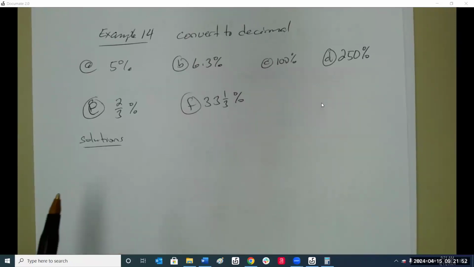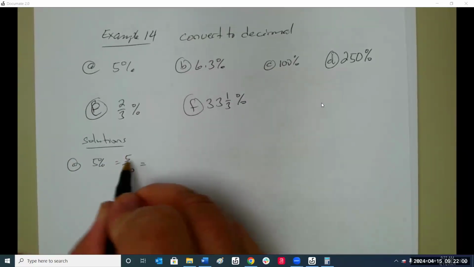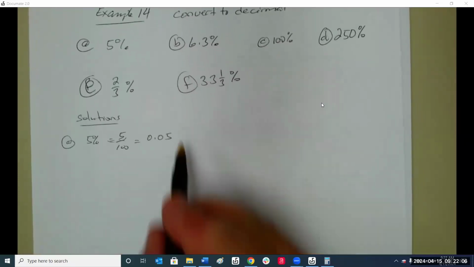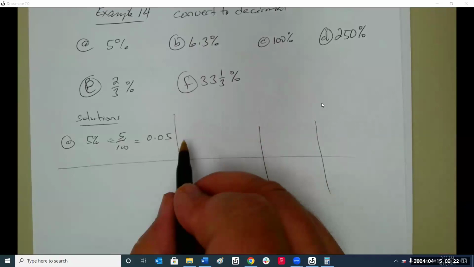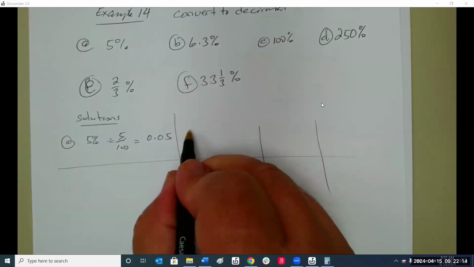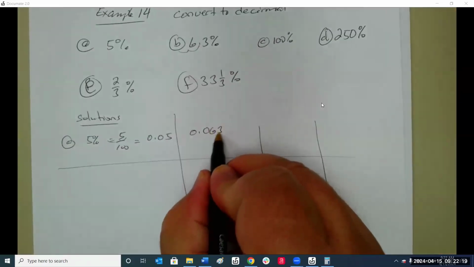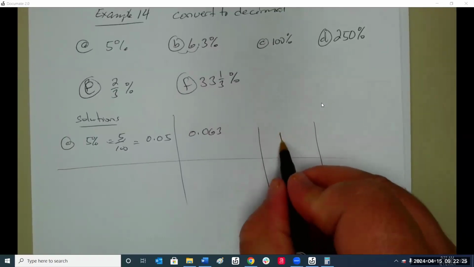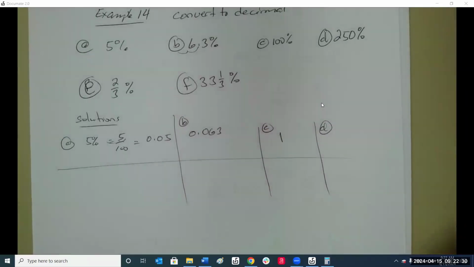What's the first one going to be? Yeah, because 5% is 5 over 100, which means move the decimal 2 to the left, 0.05. 6.3%, 0.063 decimal. 100%. 250.